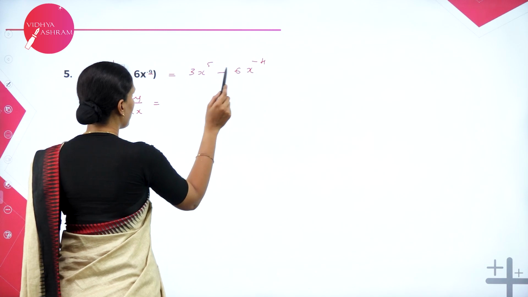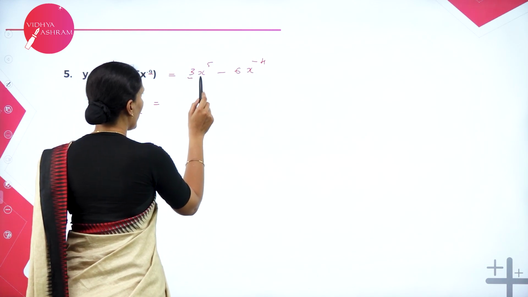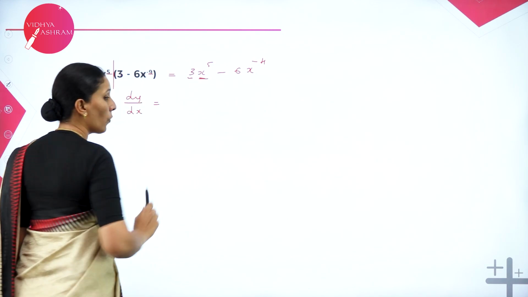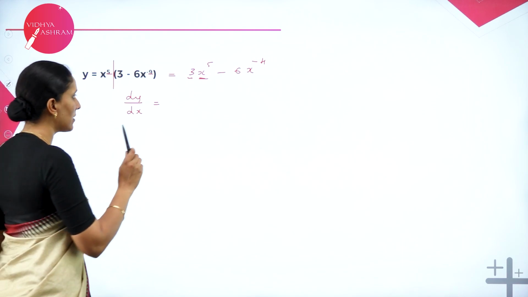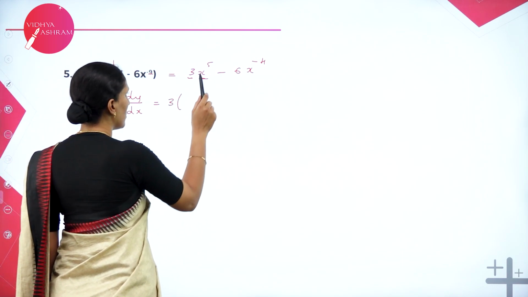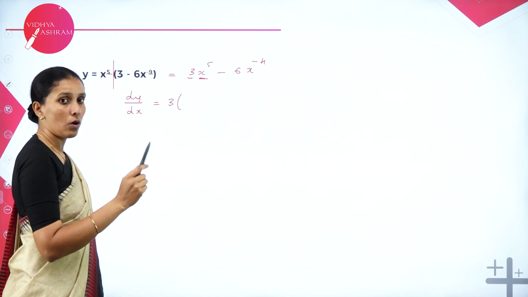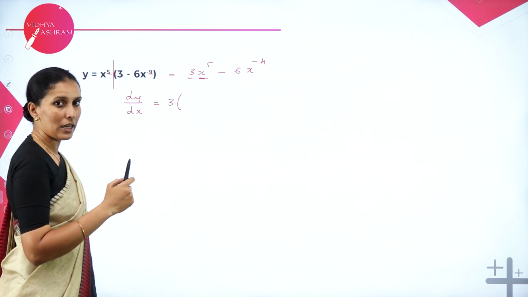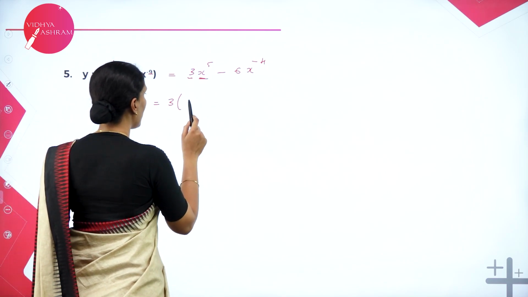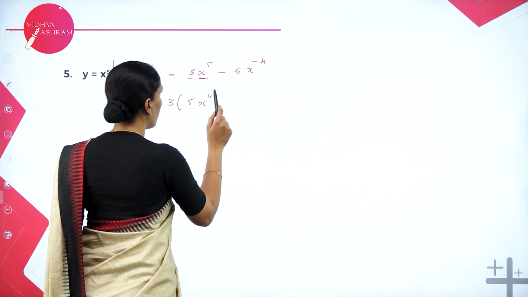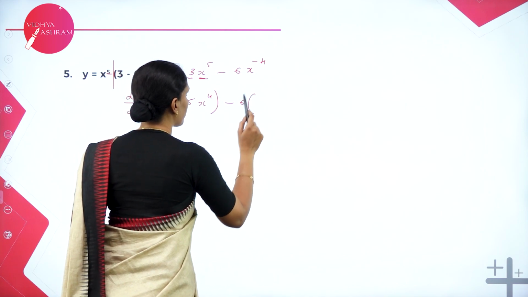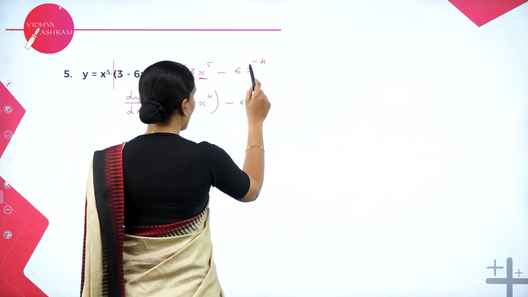Now, let us derive this. So, 3 into x power 5. 3 is with the function, so keep 3 separately and derive this. What is the derivative of x power n? n into x to the power n minus 1. So, 1 less in the power. So, x power 5 means 5 into x power 4. Minus 6. Now, here we have a negative power.